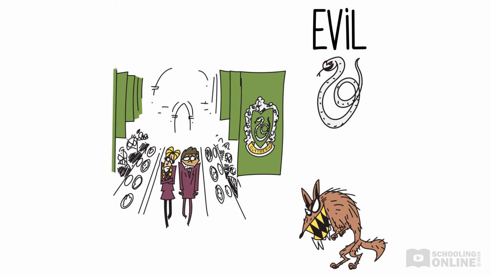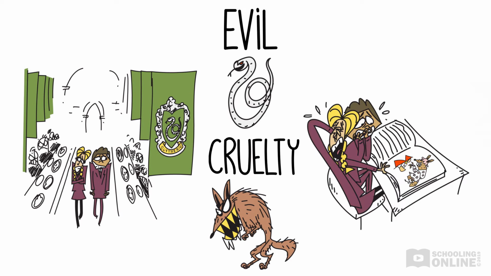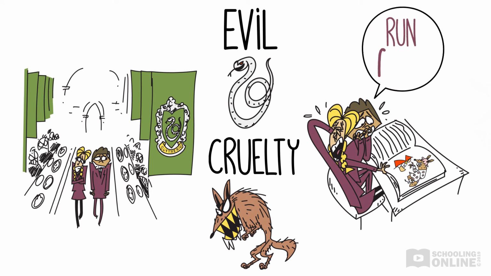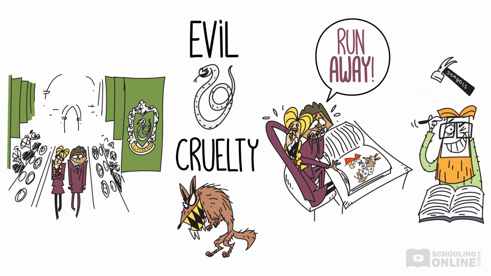Wolves symbolise cruelty, so we instantly know that something bad is going to happen when Red Riding Hood starts chatting to the wolf in the forest. See what I mean? Writers use symbols like snakes and wolves because we already understand what they mean. An author can use them to instantly make us think about a deeper concept like evil or hope without ever having to mention these ideas directly.